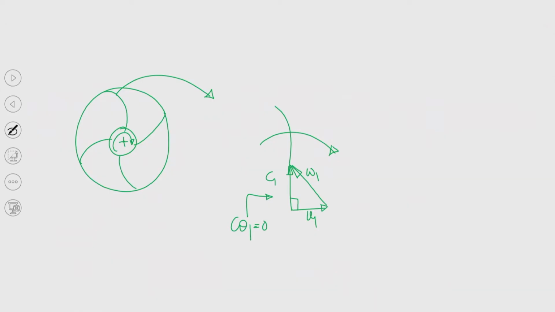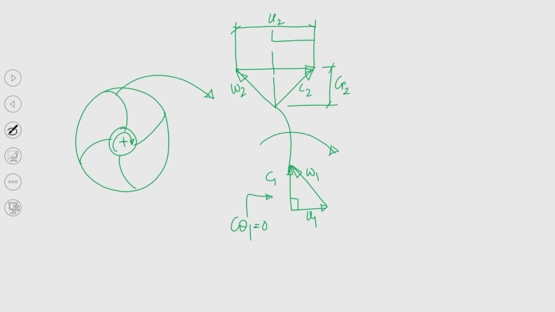If we draw the velocity triangle at the outlet, this is C2, this is CR2, this is W2, and this is U2. This is C theta 2.